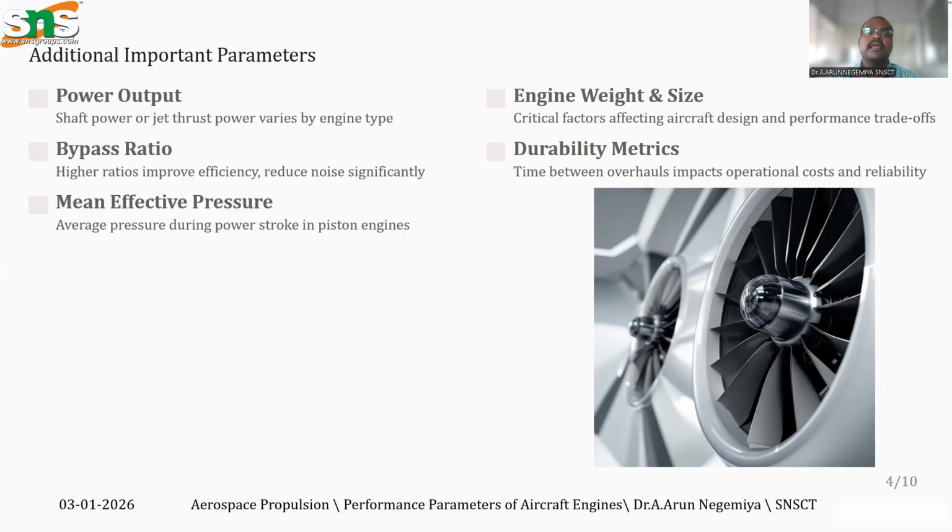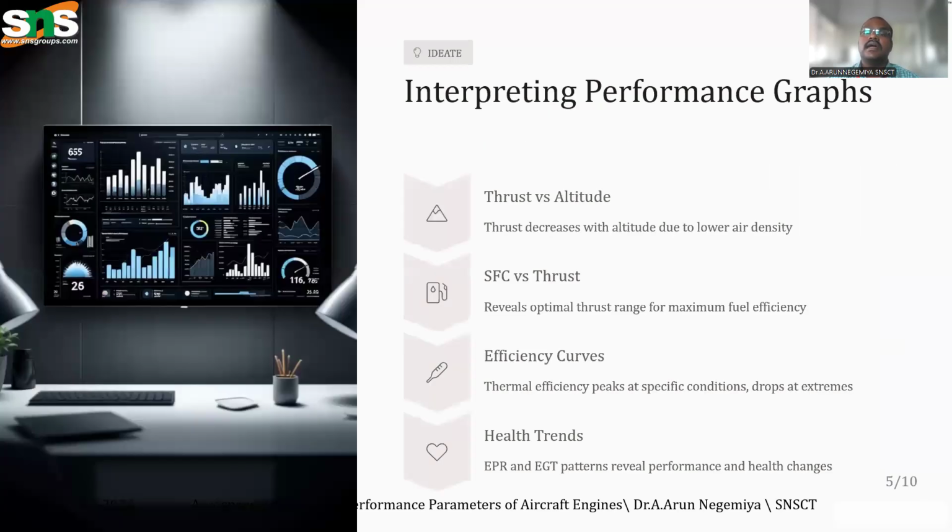And mean effective pressure can be used to maintain the pressure during the flying conditions. Next one is the engine weight and size. These are all things that can be developed in the aircraft design conditions.